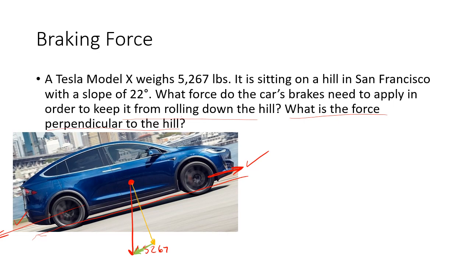So the answer to what is the braking force is the green vector, and the answer to what is the normal force, the force perpendicular to the hill, that's the orange there. Now, we should be able to do this if and only if we know what this angle theta is. Because if we do, well, we have the hypotenuse, it's 5,267, and if we have an angle and a hypotenuse, we can find the other two sides.